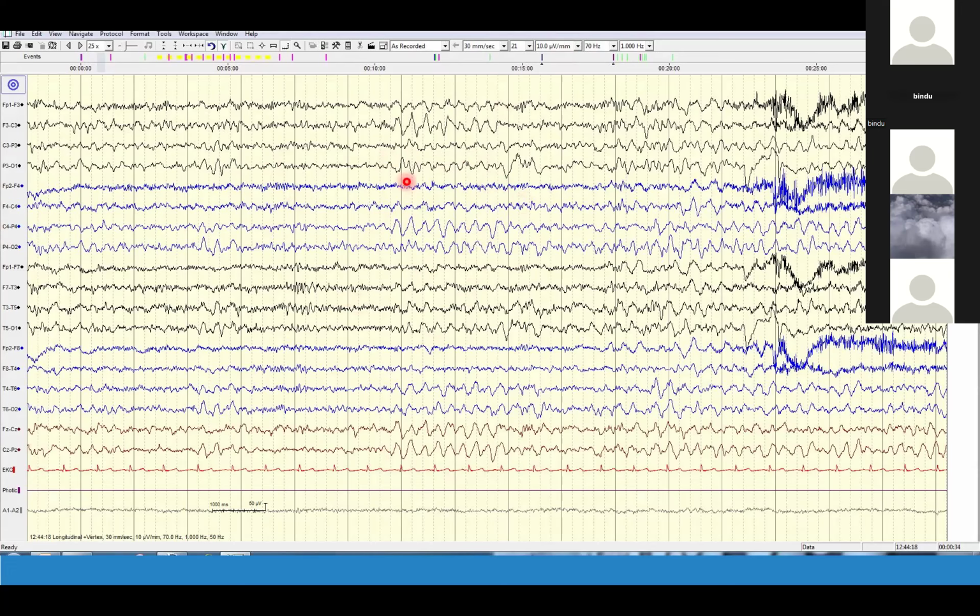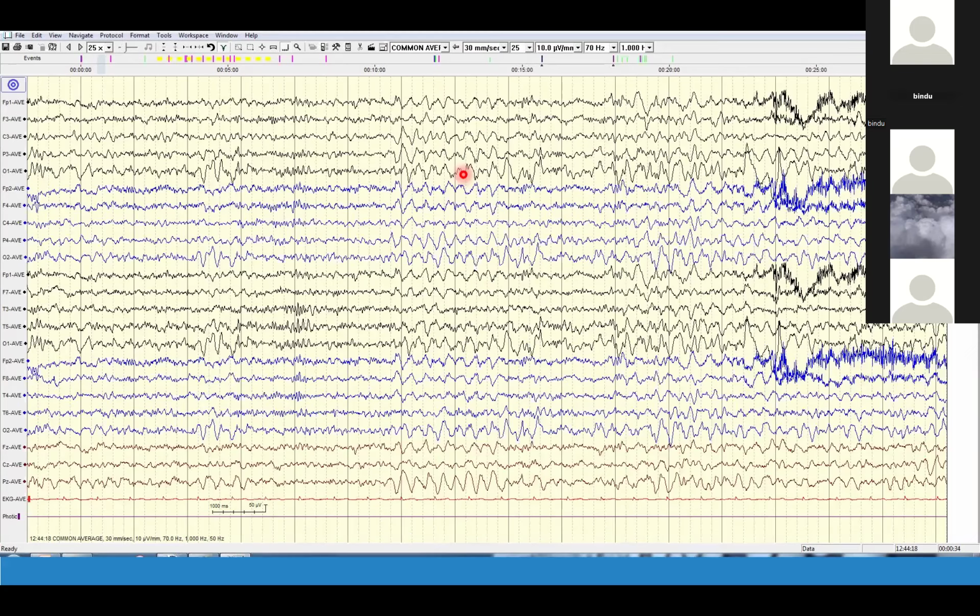There is intermittent rhythmic delta activity with notching, predominantly seen in the occipital regions. Bilateral occipitals with the notching.